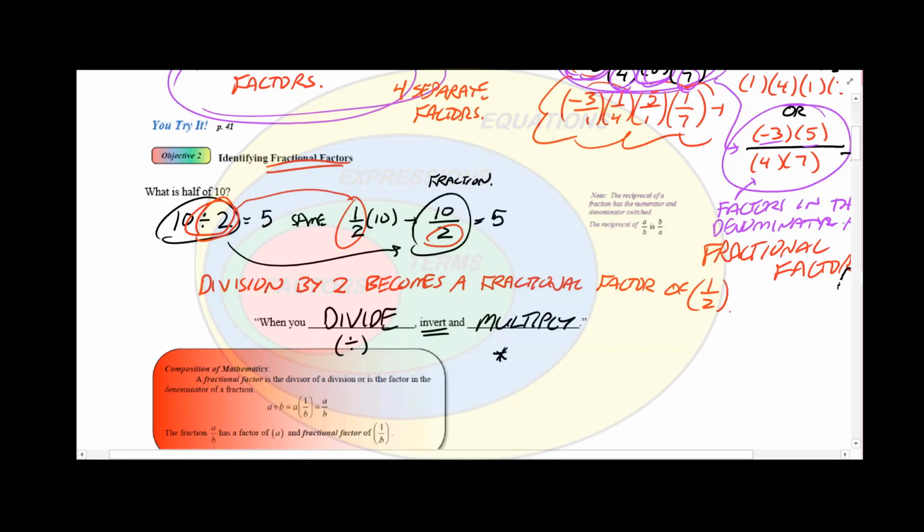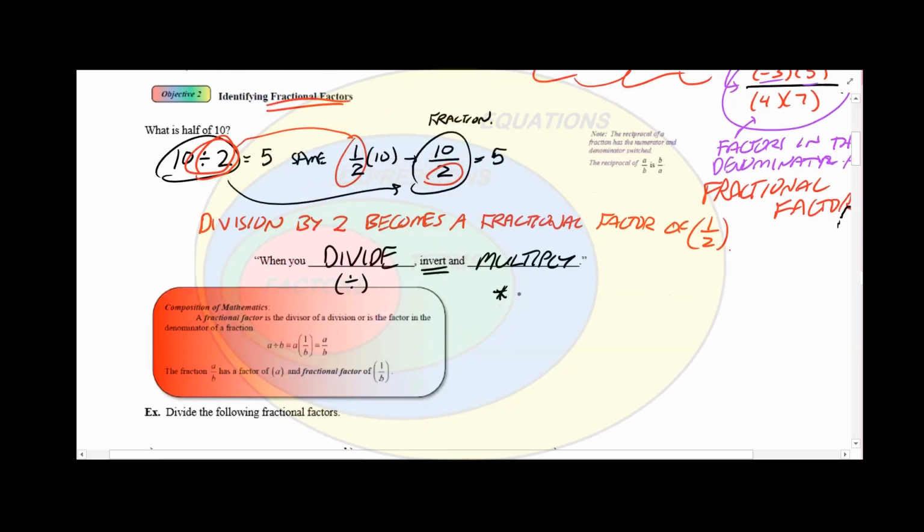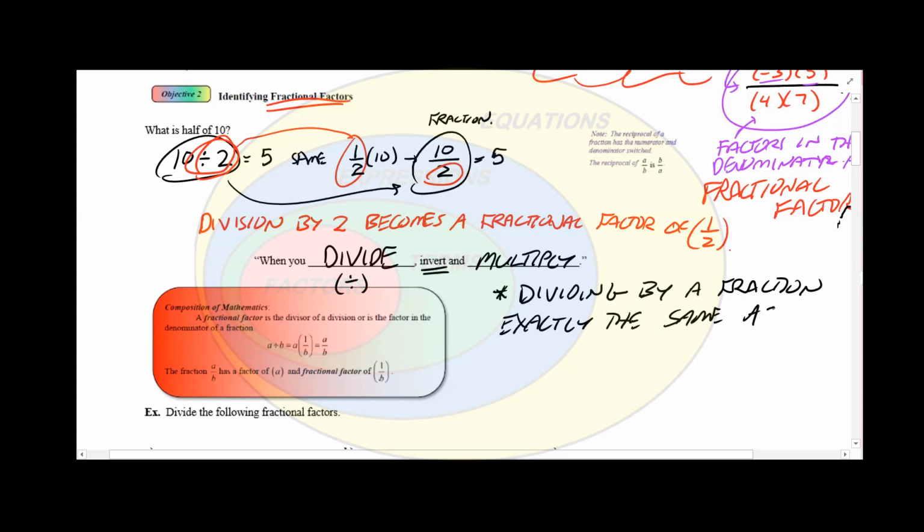Basically what this is saying, dividing by a fraction is exactly the same as multiplying by the reciprocal.